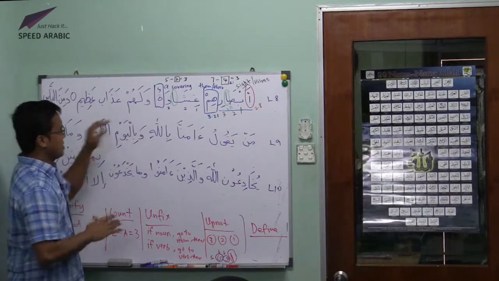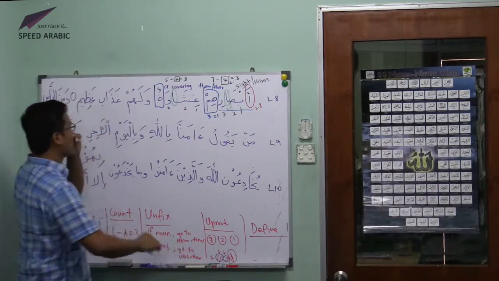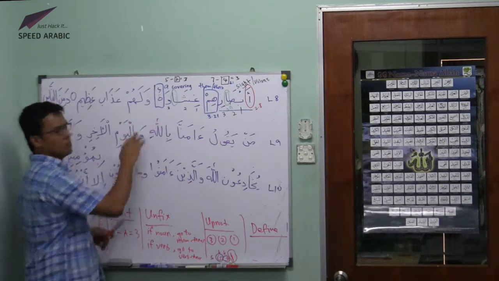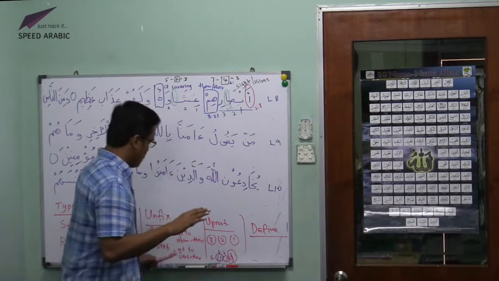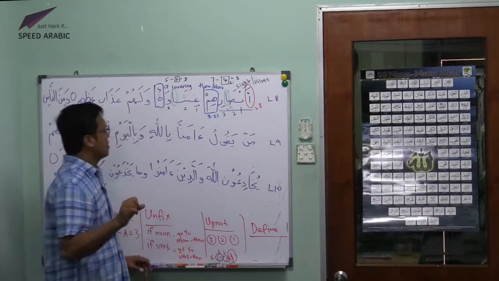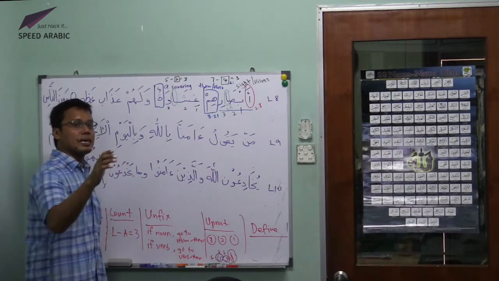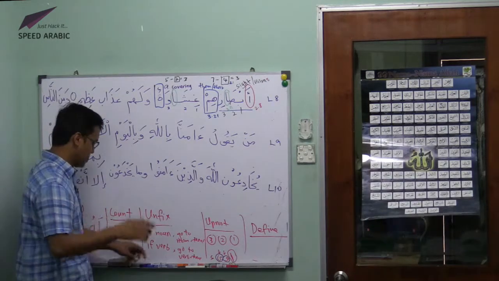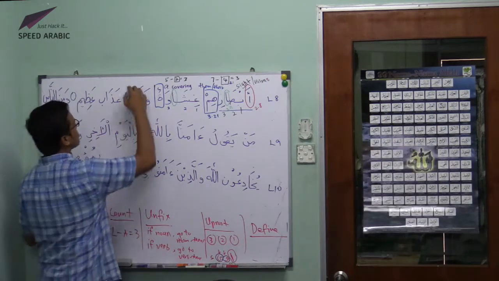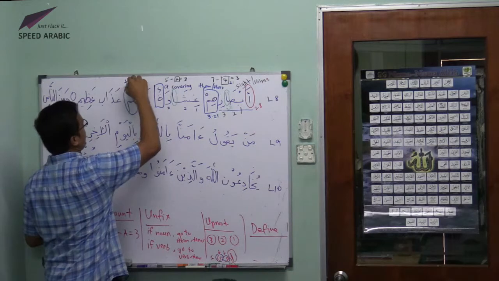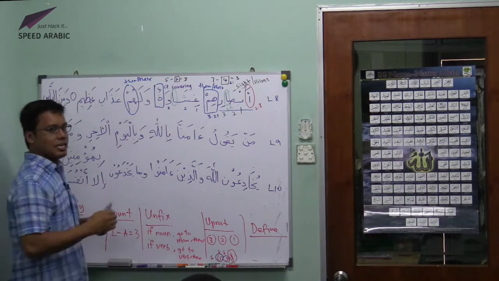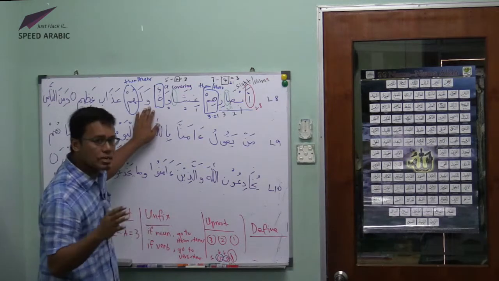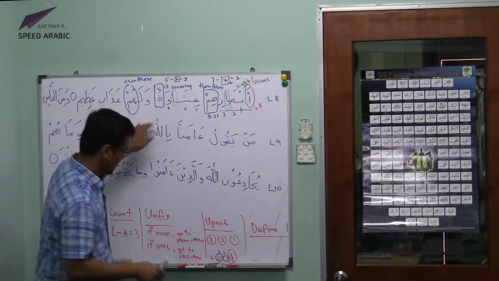Okay, next. Walahum. This time, look at the end, look at the back. Hum. What is the meaning of hum? Them or their. Okay, and then see wa. Wa is familiar, which means?